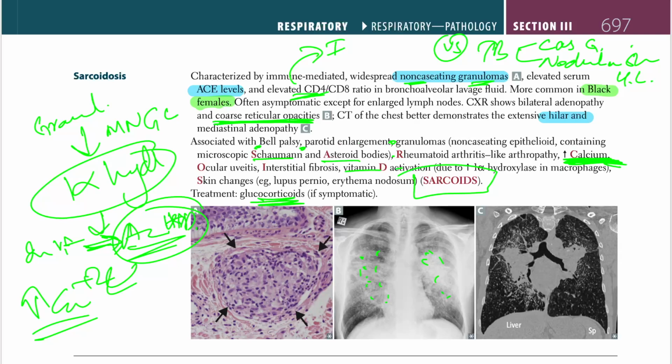It's going to release interferon gamma, IFN-gamma, and your tumor necrosis factor alpha. Eventually, these things are causing macrophage activation, and that macrophage activation causes multinucleated giant cells, causes granuloma formation.